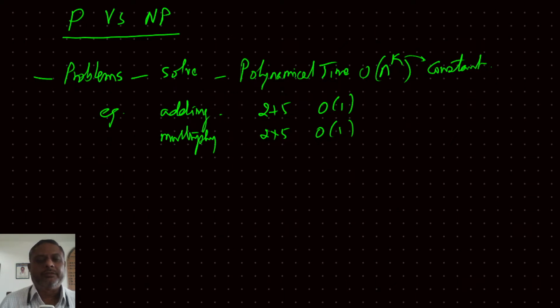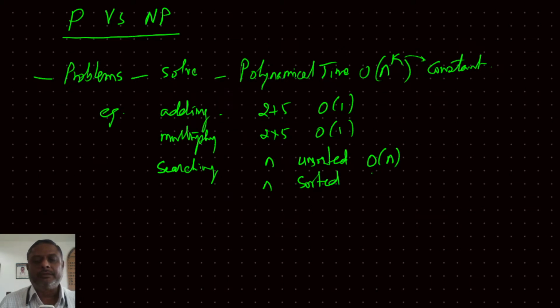Then you can think of searching. If you have n numbers to search, and if they are unsorted, then we require order of n. If they are sorted, we can go for binary search, and it's order of log n.